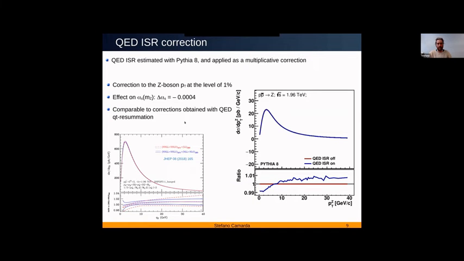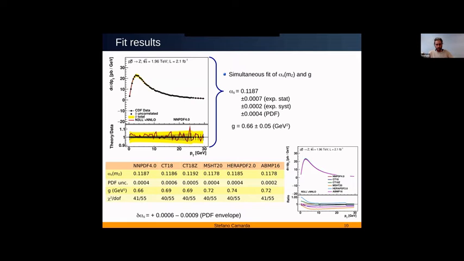And now let's come to the fit results. So here you can see the result of the post-fit comparison of prediction to data. Here in this example, I'm using NNPDF 4.0. So the central value of alpha S is 0.1187. Here I show the breakdown of the uncertainty in the fit. So we have 0.7 10 to the minus 3 contribution from the statistical uncertainty, 0.2 10 to the minus 3 from the systematics, and 0.4 is the estimated NNPDF 4.0 uncertainty.